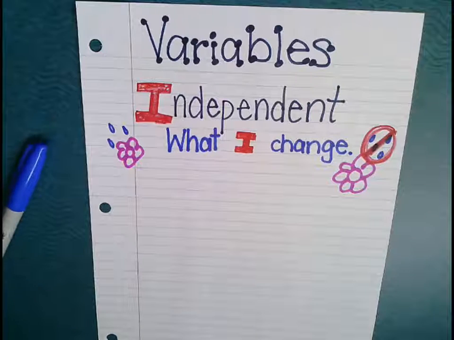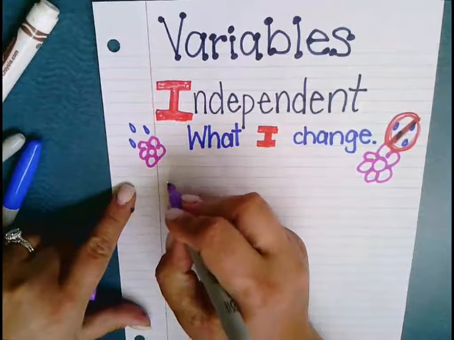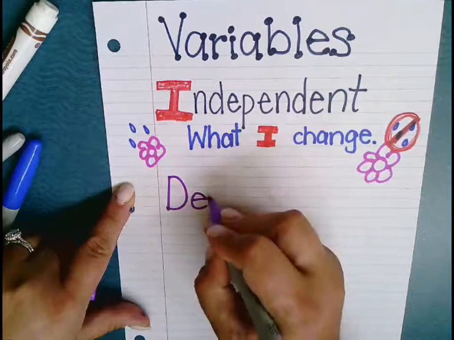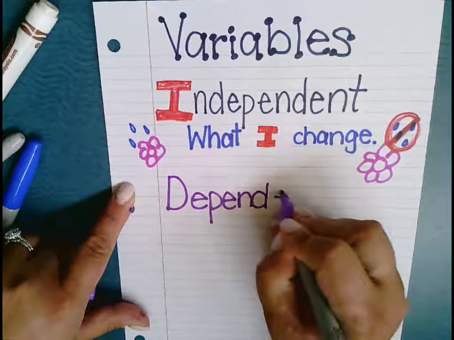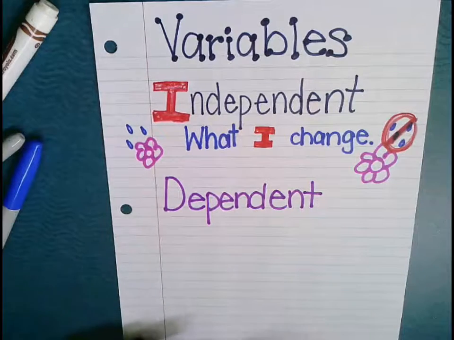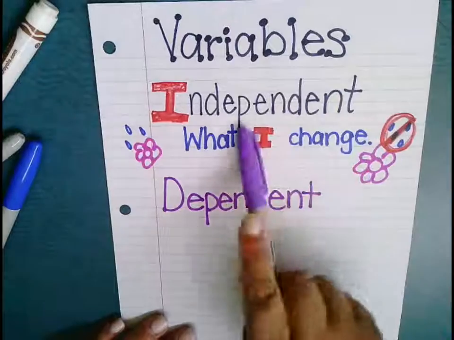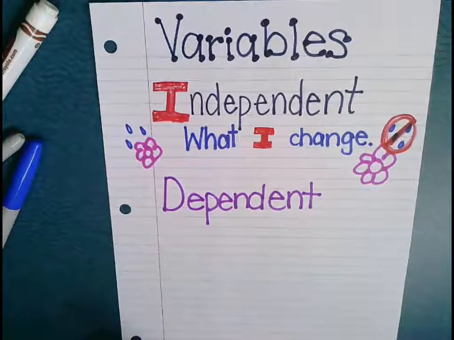The next type of variable that we're going to talk about is the dependent variable. The dependent variable is what depends on what I changed. So what depended on the amount of water?